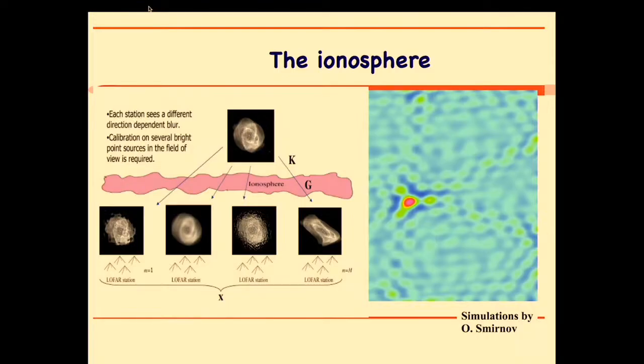What is it similar to? Seeing in optical. What causes seeing in optical? Turbulence in the atmosphere, right? So how do you fix it? You look at guiding stars. And you say guiding stars should be point sources. Therefore, they should be just resolved as the PSF. You should see the PSF there. But you don't see that.